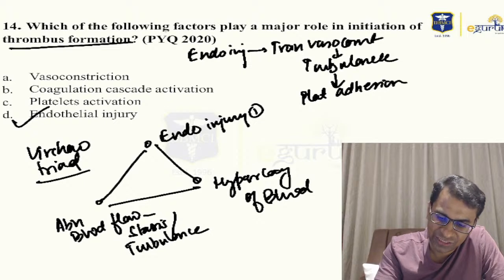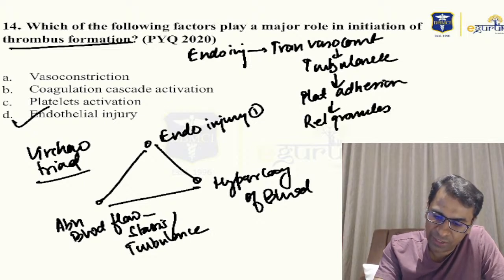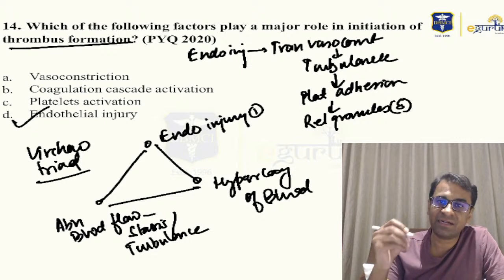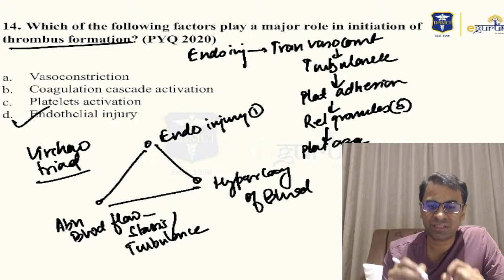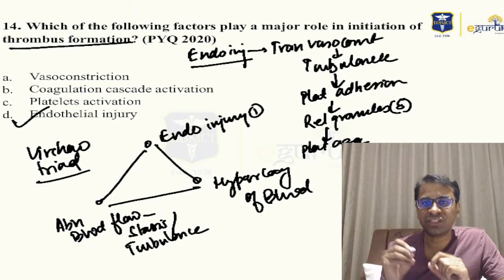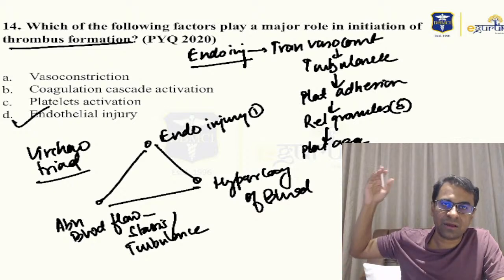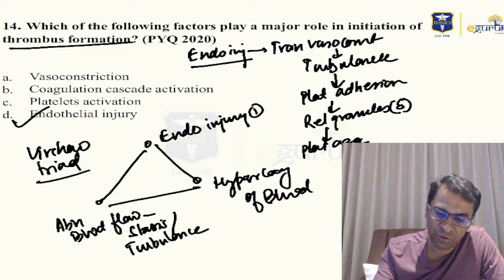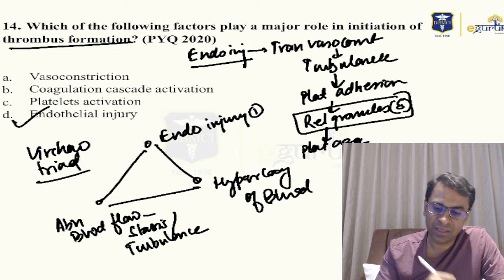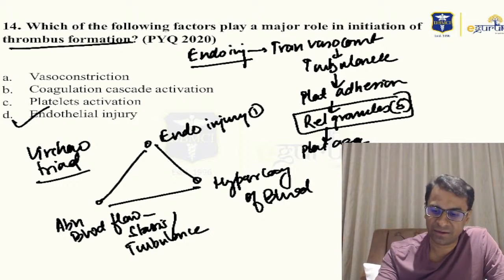After adhesion, there is release of granules. Which granules? The delta granules. Delta granules are platelet agonists, and this causes platelet aggregation. So please remember, it starts with endothelial injury, then transient vasoconstriction, turbulence, platelet adhesion, granule release, and platelet aggregation. Now, one more question: what are the examples of delta granules? Remember by the mnemonic DENSE. Delta is dense.